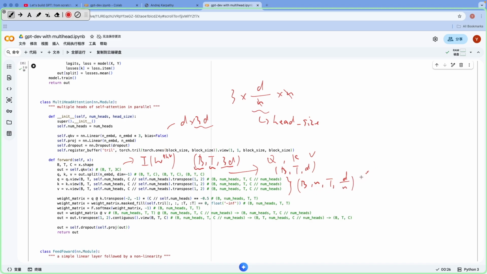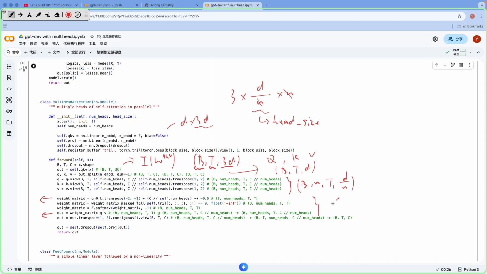After that, we do the same logic we talked about before in the head class. We first calculate the attention weight matrix and multiply it by the value matrix, which is just the same.